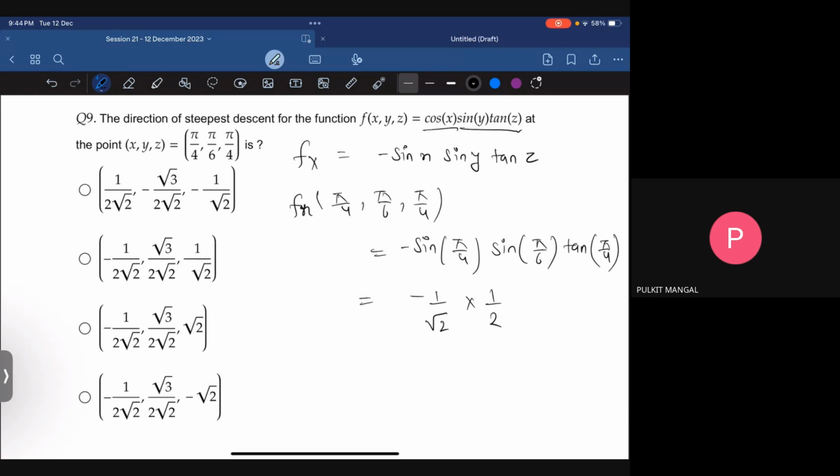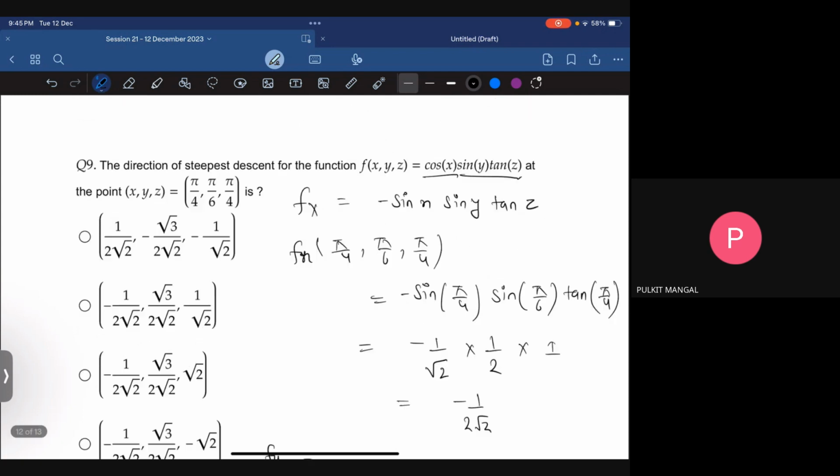Sine pi by 6 is 1 by 2. What is the value of tan pi by 4? 1. Yeah, tan pi by 4 is tan 45. Sine pi by 4 is sine 45, 1 by root 2. Sine pi by 6 is sine 30, which is 1 by 2. So here it is negative 1 by 2 root 2.